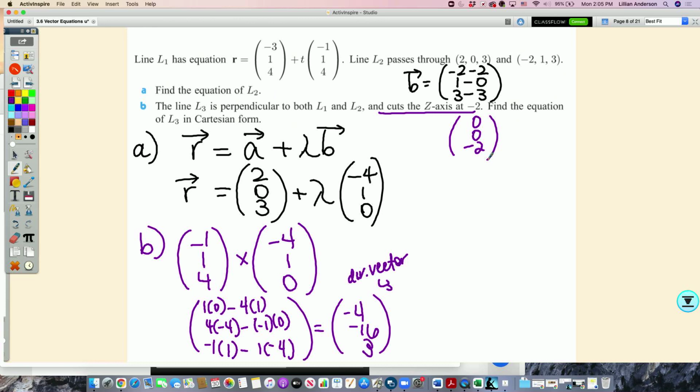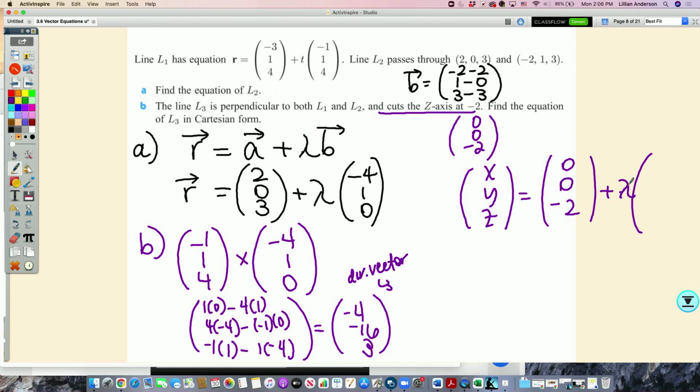It is asking for Cartesian form. Do you want to go straight to Cartesian form, or go from vector to parametric to Cartesian? I wrote it as a vector. Okay, as a vector equation, x, y, z is equal to 0, 0, -2 plus lambda times the direction vector. So this is it as a vector equation.